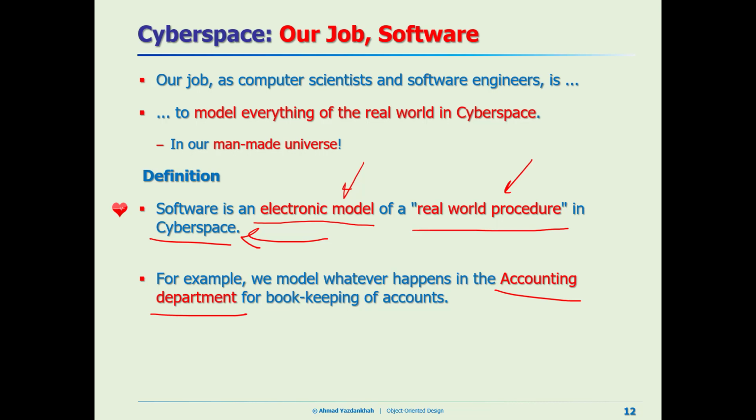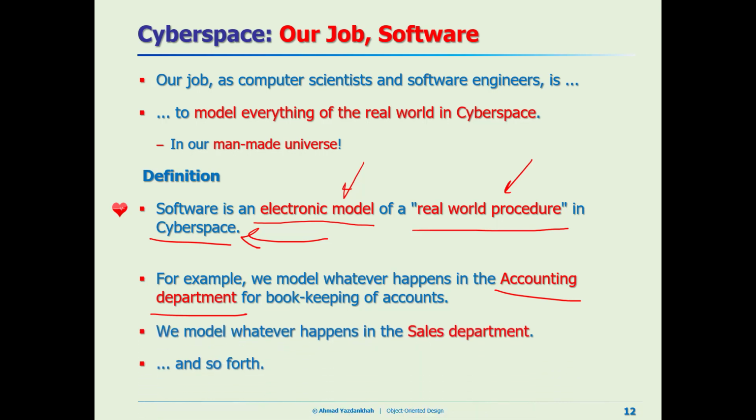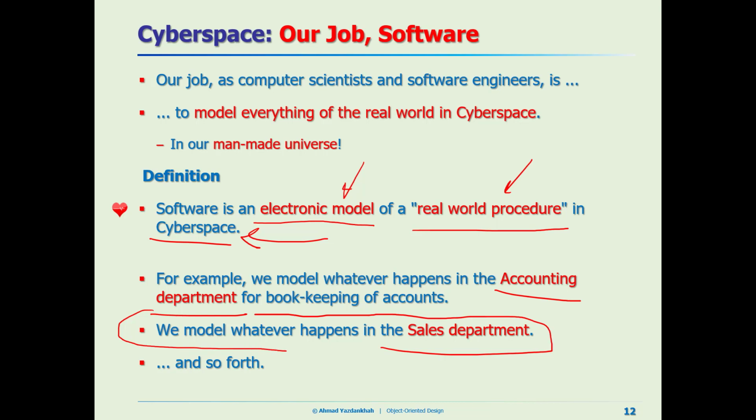So in fact, software is nothing but a model, a simulation of the real world. Okay, and we can say the same thing for the sales department and many other things. Whatever we have in the real world, we can simulate it inside our cyberspace or our virtual universe.